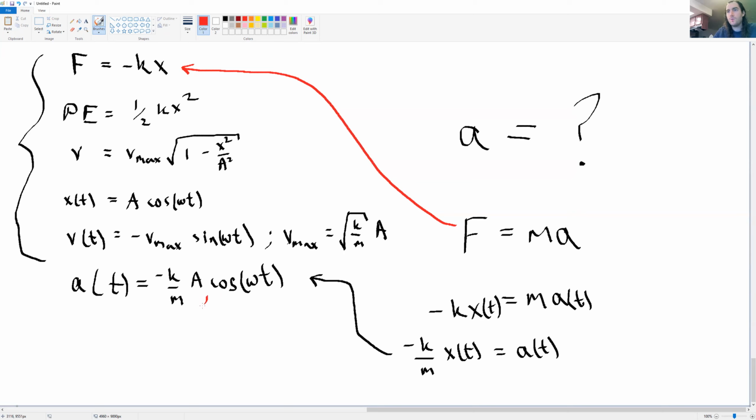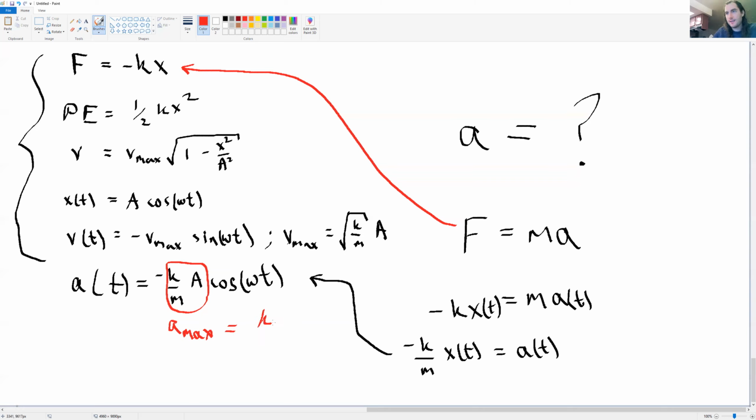When the cosine is 1, this quantity here tells us the maximum acceleration. And the cosine is 1 when you have max stretching, right? When x is A, you have maximum stretching.